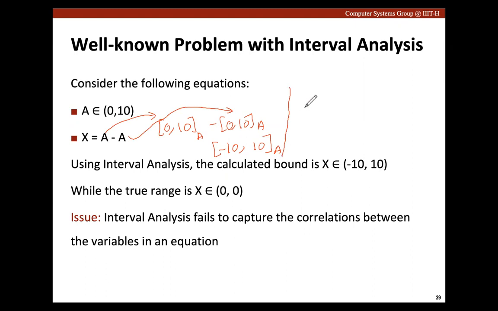So people apply techniques such as affine arithmetic analysis, which is able to capture the correlations. But the problem is that applying affine analysis on image processing DAGs is not as straightforward as applying interval analysis on DAGs.